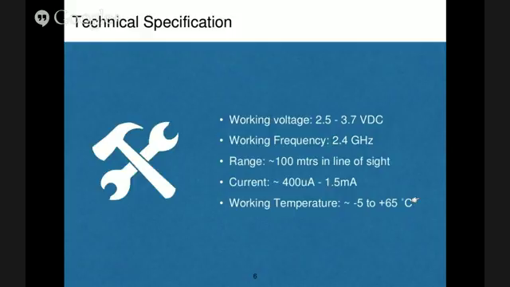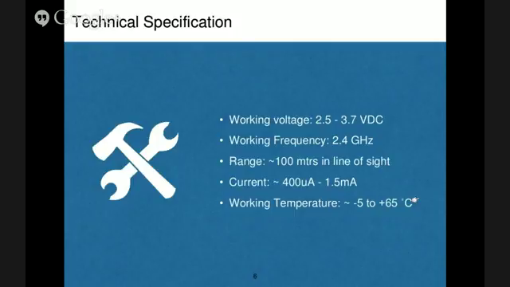This is one of the very important parameters, that is the current required by Bluetooth Low Energy, which is typically 400 microampere to 1.5 milliampere, depending on what transmission power your beacon is using. Typically, Bluetooth is called low energy because of its current consumption. It merely requires 400 microamps to 1.5 milliamp.